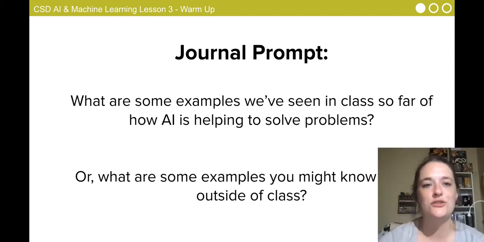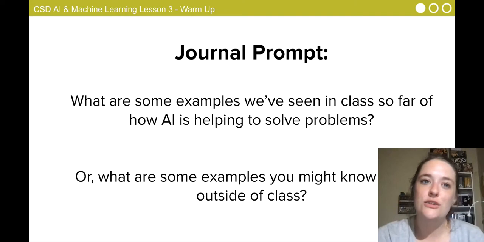So this journal prompt helps focus attention on how artificial intelligence specifically is helping to solve problems as opposed to other forms of technology. Many of the videos that we have watched so far have mentioned ways that AI is being used, such as helping to screen for cancer or being used in driverless cars.